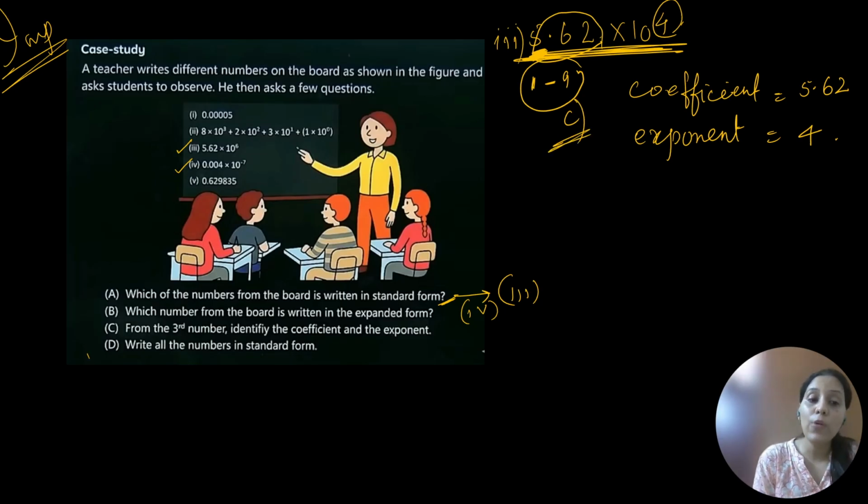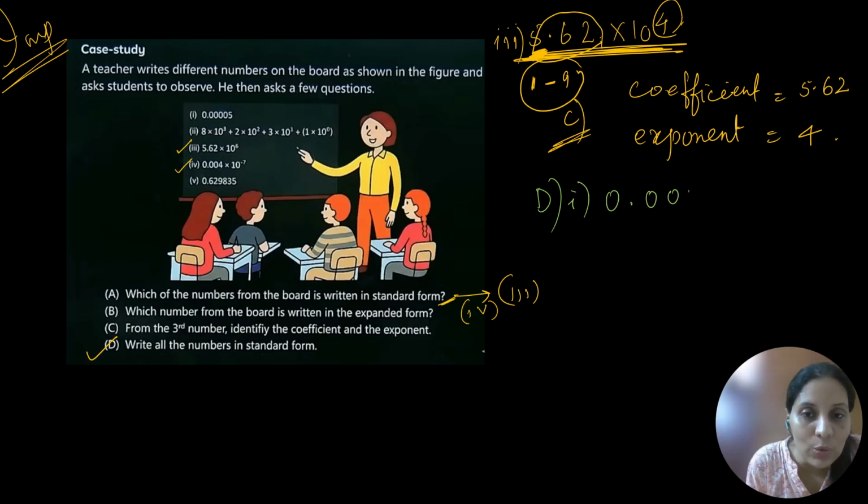Yes. Now, fourth one, write all the numbers in standard form. So let us do this. Now we will understand properly. अब first वाला क्या है? 0.123. Let me see how many zeros. 1, 2, 3, 4. 4 zeros. All right. So as you know, your first digit should be a number.